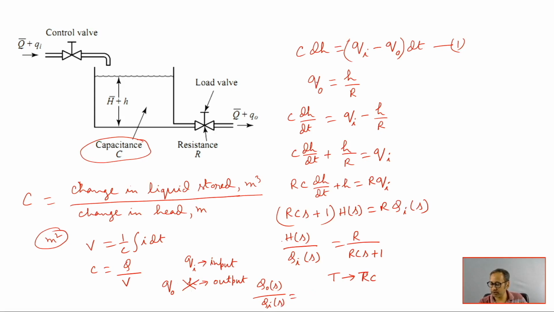From this particular equation, QoS equal to 1 by R Hs, that means QIS equal to Hs by R. So this is the relationship. Let me write down here Hs equal to R QoS.